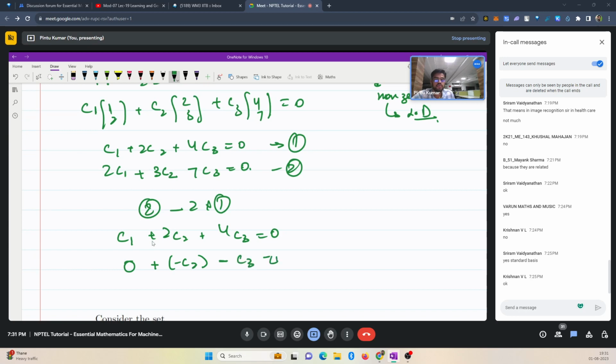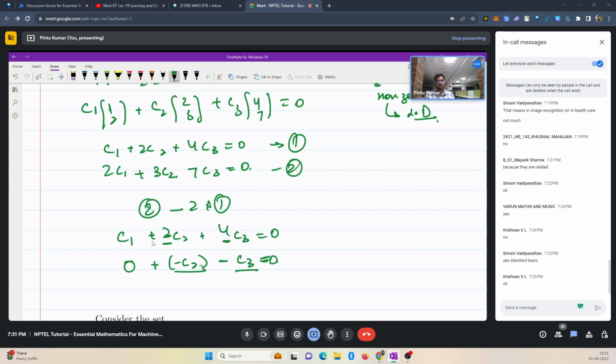Now one thing you can see is that even if we try to eliminate both of them, let's say we want to make this thing also 0, we can't, because we have 2 as a coefficient over here and 4 over here.